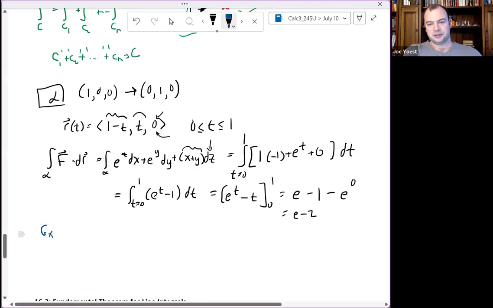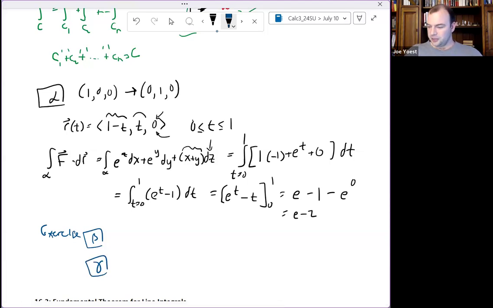I'll leave it as an exercise to do beta and gamma. But for beta, I ended up with the integral from 0 to 1 of negative e to the 1 minus t plus 1 minus t dt, which was 3 halves minus e.